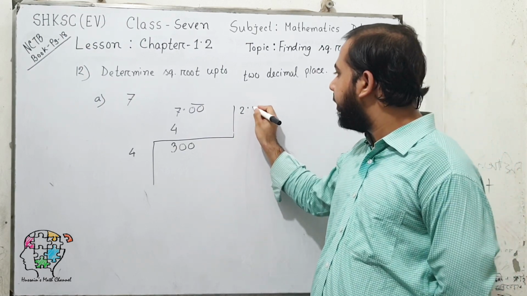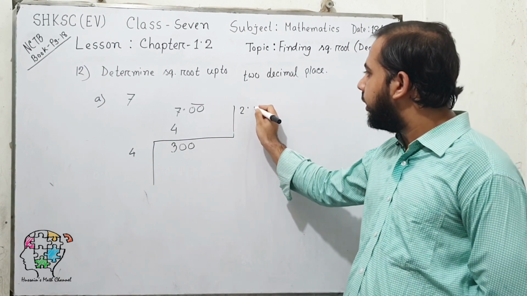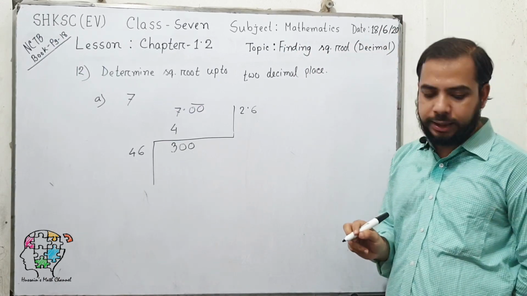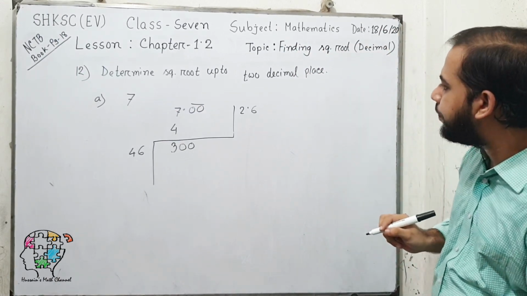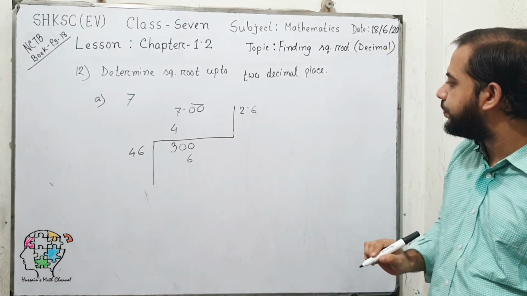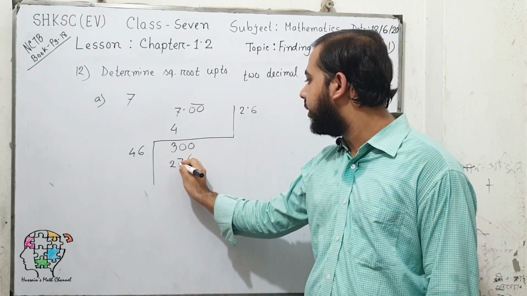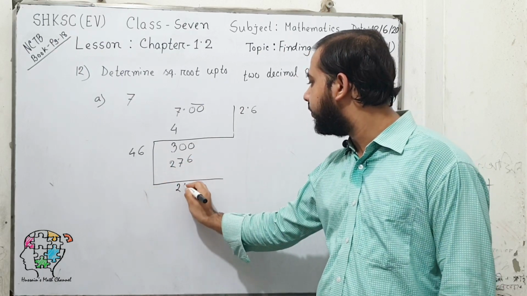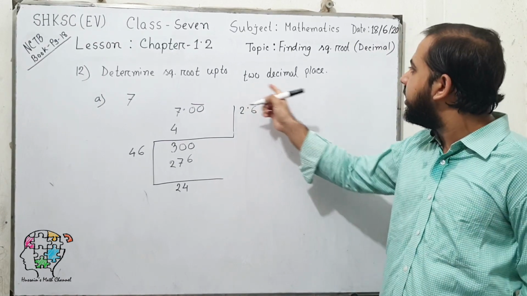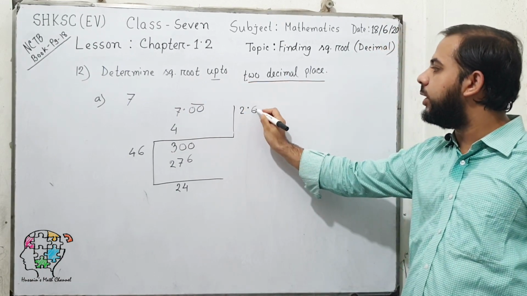Now if we use a number like 6 and 6 here, then 6 times 6 is 36, 3 in hand, and 6 times 4 is 24 plus 3 is 27, so we'll get 24 as the remainder. Now the question asks you to find the square root up to 2 decimal places, so we have found only 1 decimal place.